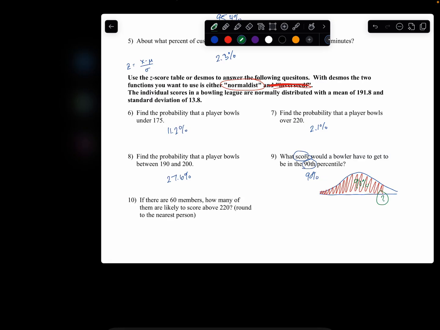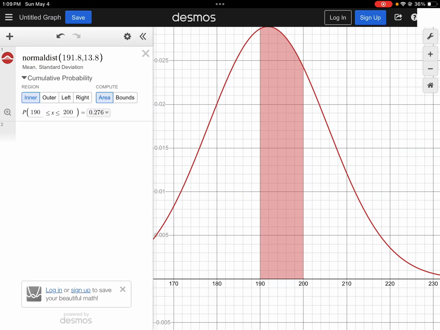So Desmos can also calculate this for us, but on the left side where we see the inner, outer, left, and right, that says region. To the right it says compute area. If we switch this over to say compute bounds, now it's doing the opposite.